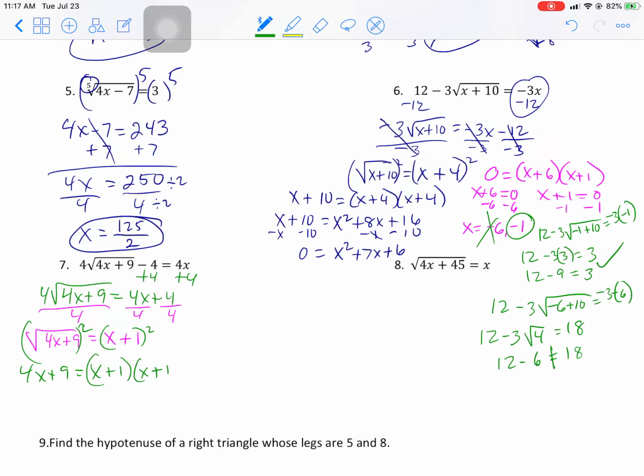Binomials have to be squared properly, then FOILed. And then all terms must be moved properly to the other side so that you're equal to 0. And I did that really fast. Let me check my key just to make sure I'm on the right track. That looks good. Okay. And then we're supposed to factor that.